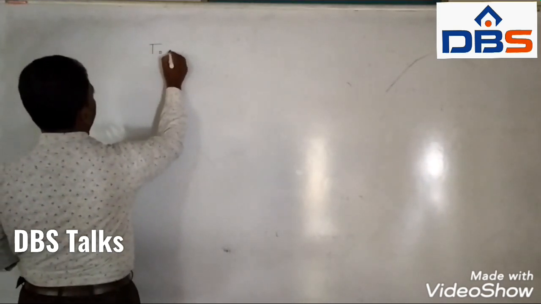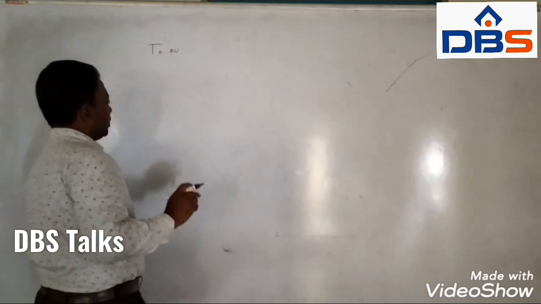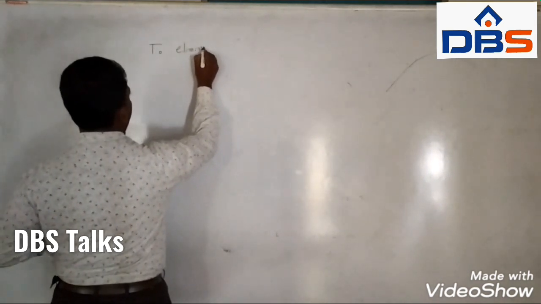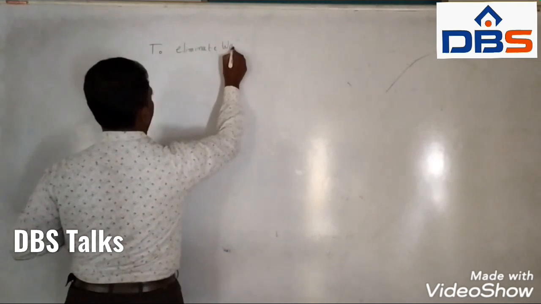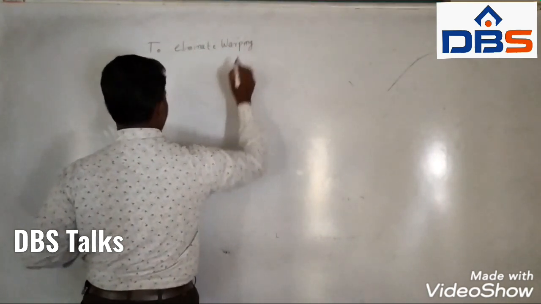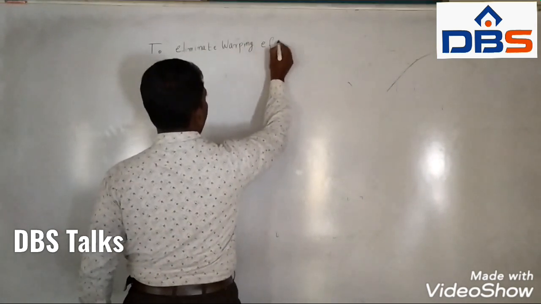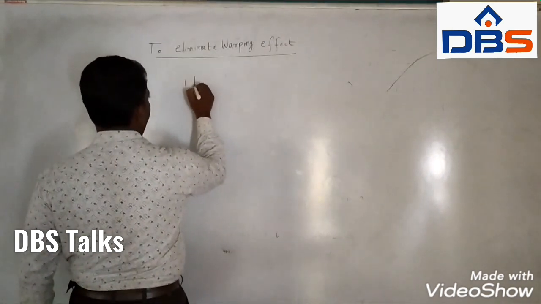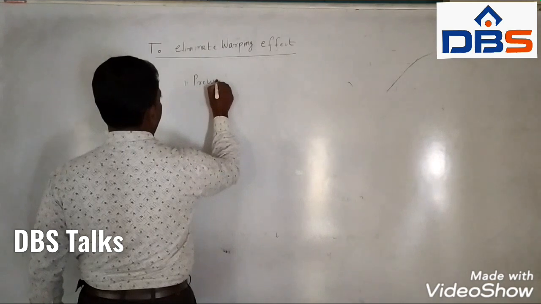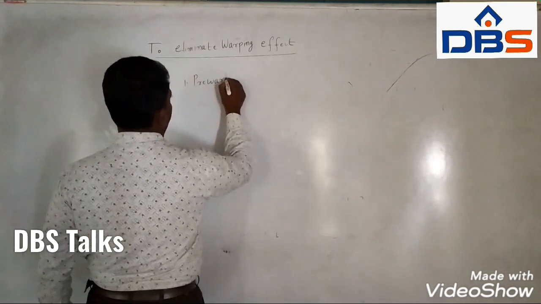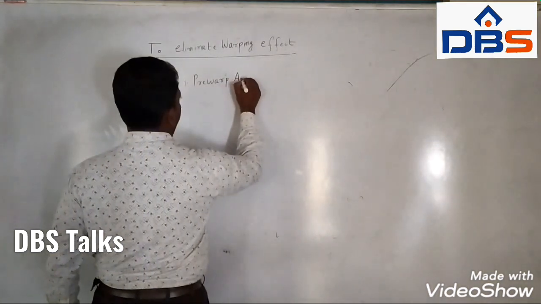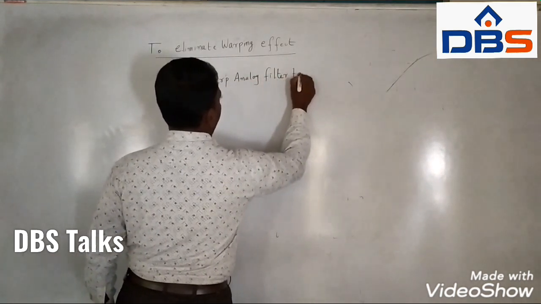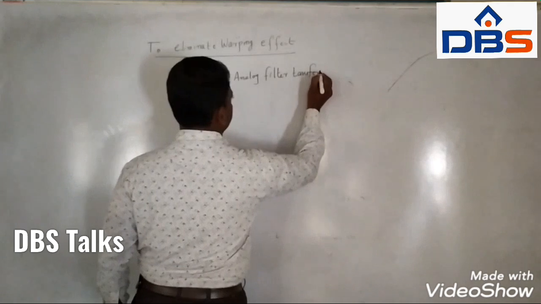To avoid or to eliminate the warping effect, what to do is pre-warp the analog filter transfer function.